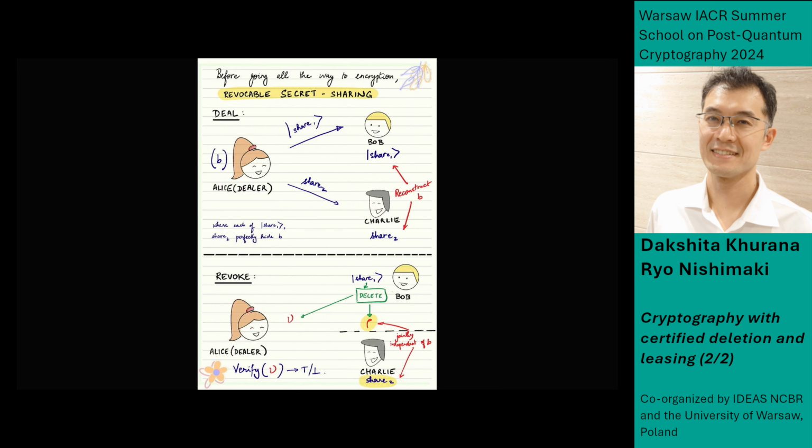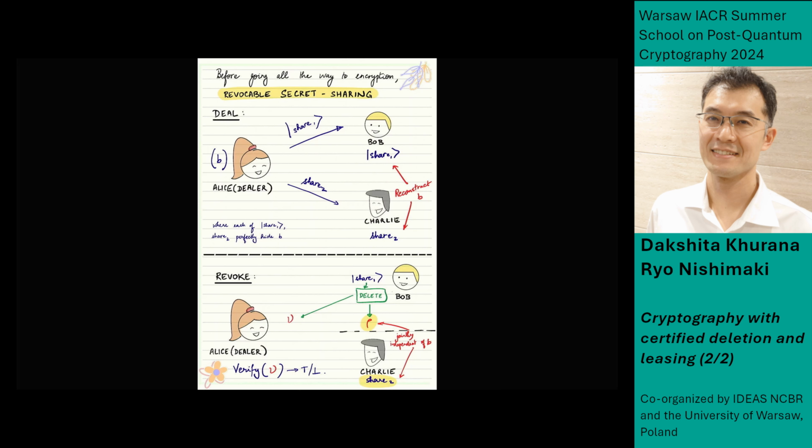And we can revoke the quantum share by using a deletion algorithm. Bob runs the deletion algorithm on this quantum share, generates a classical certificate, and returns this certificate to Alice.